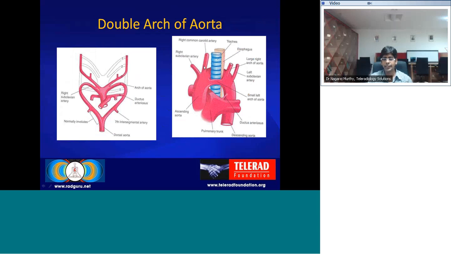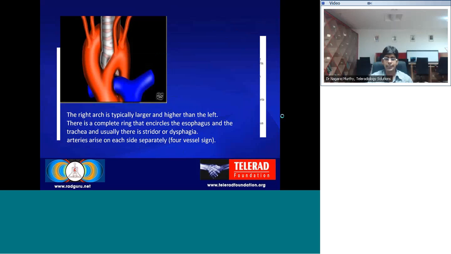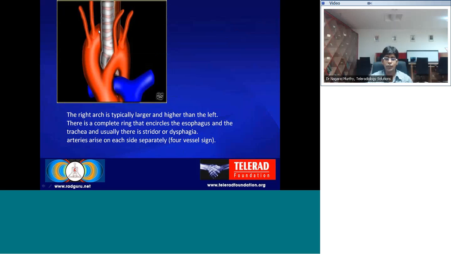This is the four vessel sign: right and left common carotid and subclavian arteries on each side. This is a schematic diagram showing the right arch higher and larger than the left arch, which is smaller and lower, and four vessels arising from the arch, called four vessel sign.